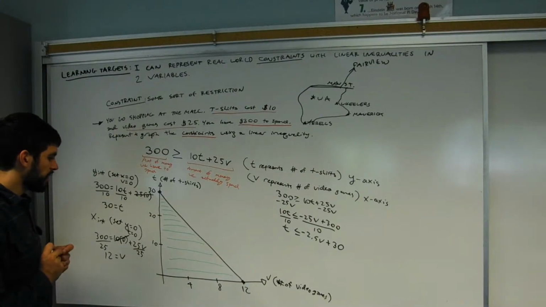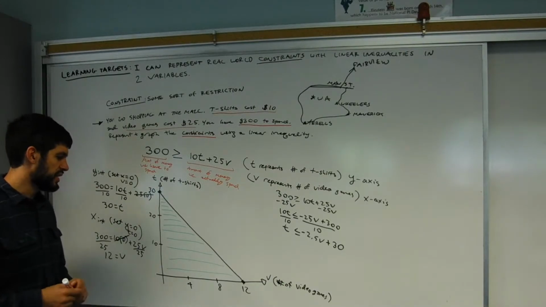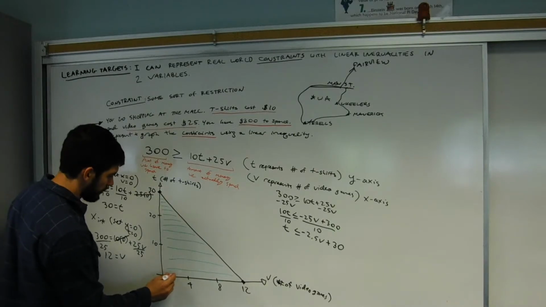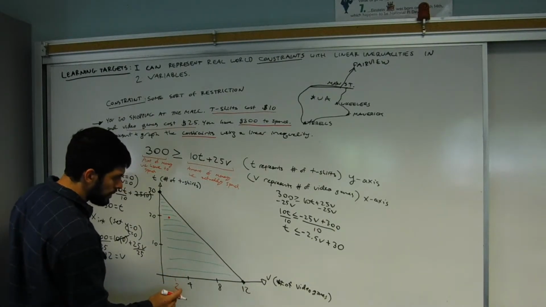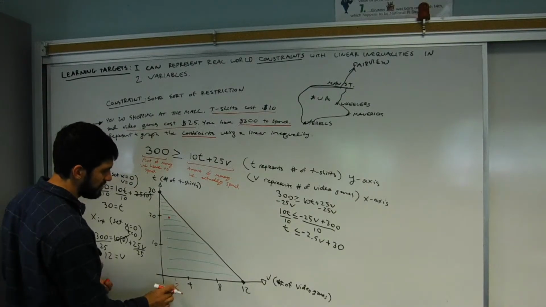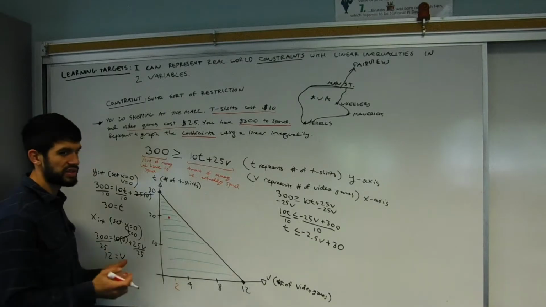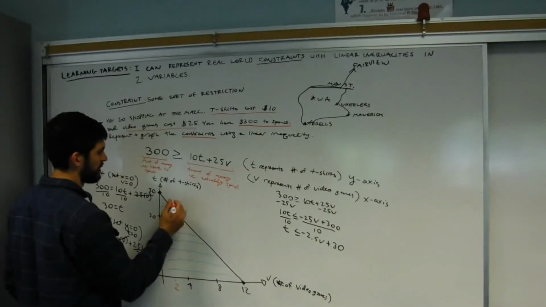The really cool thing about graphing these is we can easily see whether or not we could get a certain combination. If we look here, we can just look at this graph and see that we could afford to buy 2 video games and 20 t-shirts, right? And we could plug the numbers into the equation to see if it works.